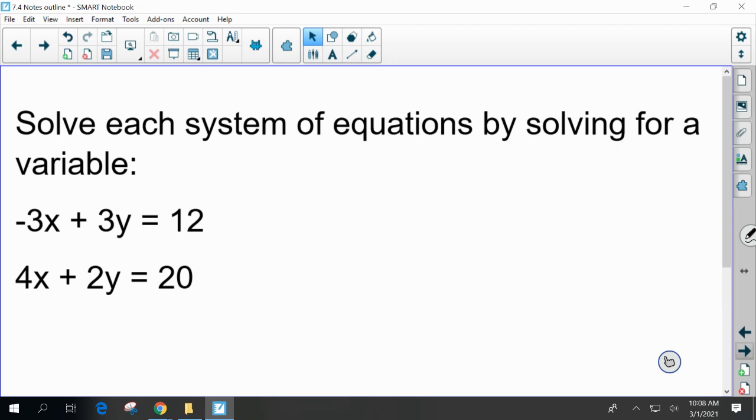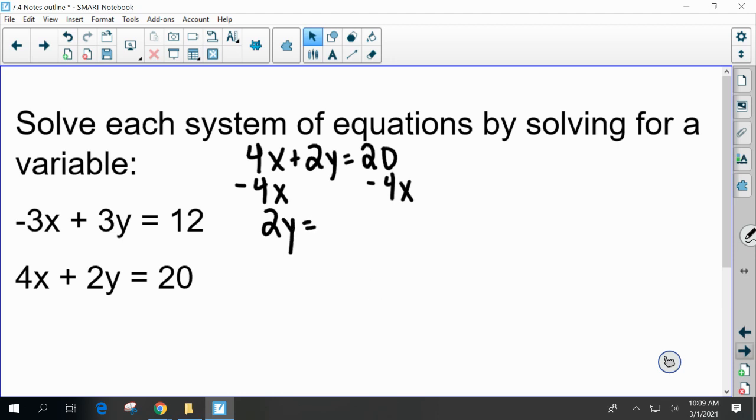It really doesn't matter which one you choose, but 4x plus 2y equals 20. We could solve for y. So I would start by subtracting 4x. So then I would have 2y equals 20 minus 4x.